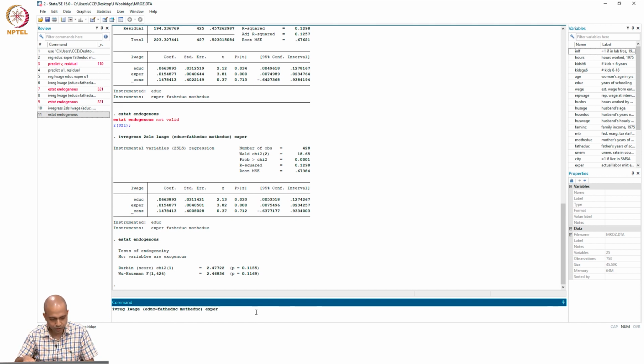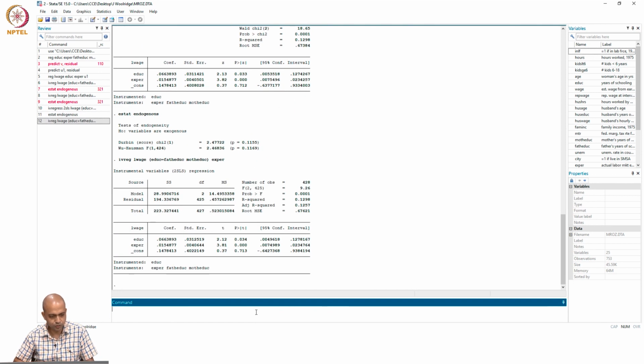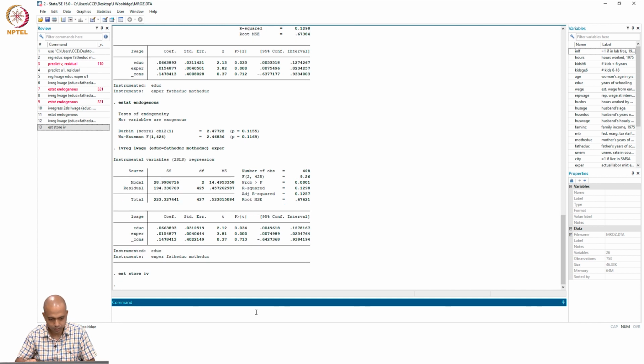So, we are estimating the model using IV, then we will store this result with est store iv. Then we will estimate the same equation using OLS, using the reg command: reg lwage education experience.